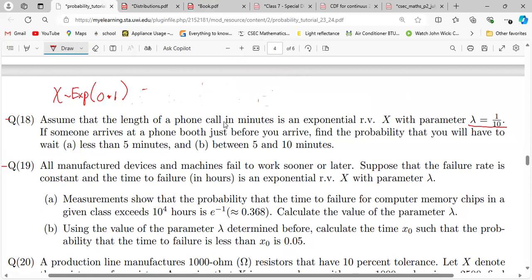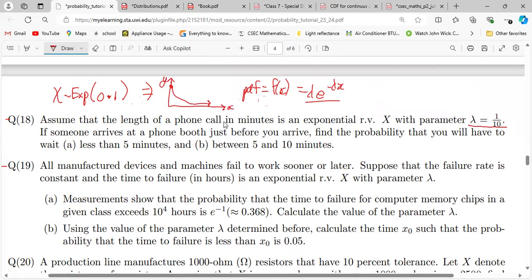Okay, so let's draw the graph. This is for the PDF. Remember the PDF is f of x equals lambda e to the minus lambda x. If you sketch this, it will look like this exponential. It won't touch the x-axis.